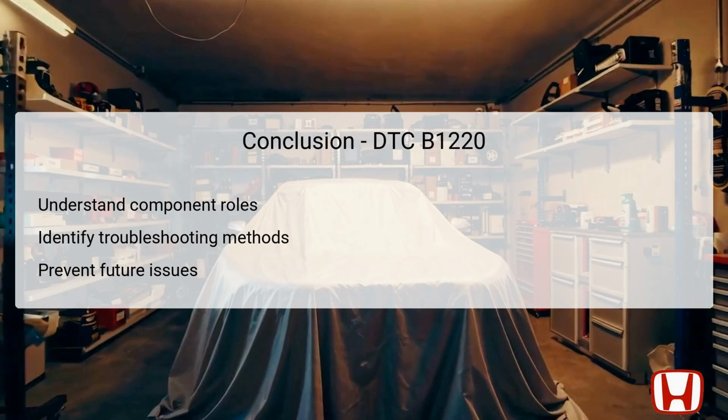The outlined troubleshooting methods provide a structured approach to pinpointing the issue accurately. Moreover, implementing preventive maintenance can assist in mitigating the risks of similar problems in the future. Overall, ensuring the HVAC system operates optimally contributes to enhanced driving comfort and vehicle longevity.